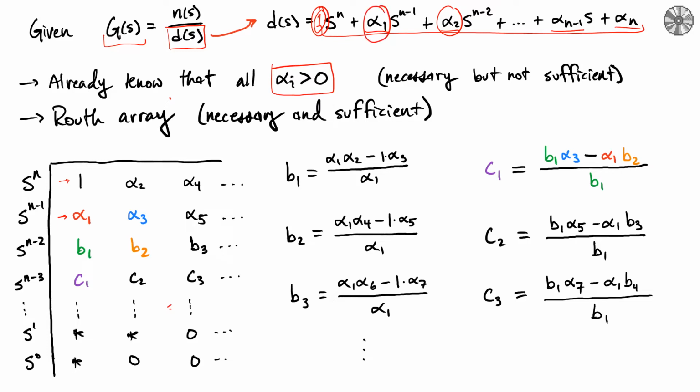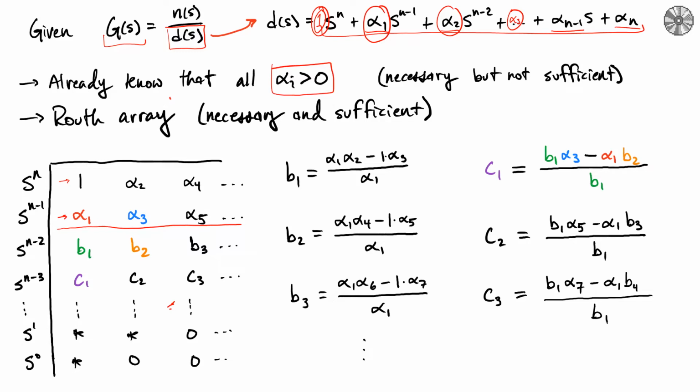You start with alpha 1, then put in alpha 3, and then alpha 5, and so on until you run out of odd coefficients. So the first two lines are established directly from your denominator polynomial, and the rest of the lines are constructed using this set of rules.